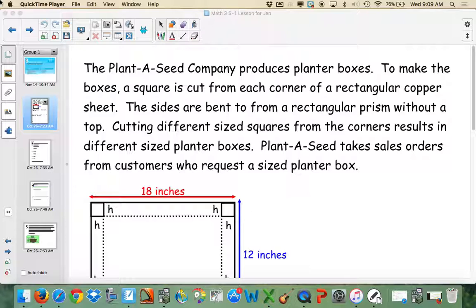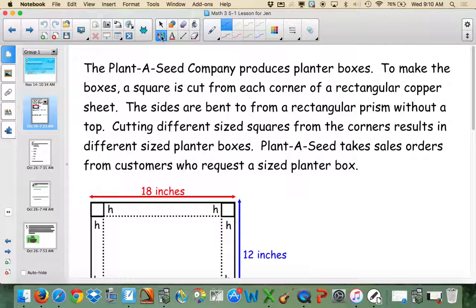So the Plant A Seed Company is producing planter boxes. So these are boxes that you're going to put some sort of flowers in or something that might be out in front of a store. To make these boxes, a square is cut from each corner of a rectangular copper sheet, and the sides are bent to form a rectangular prism without a top.